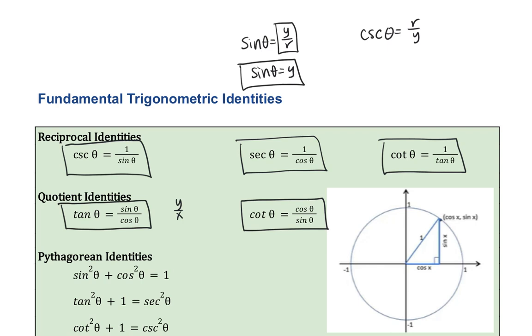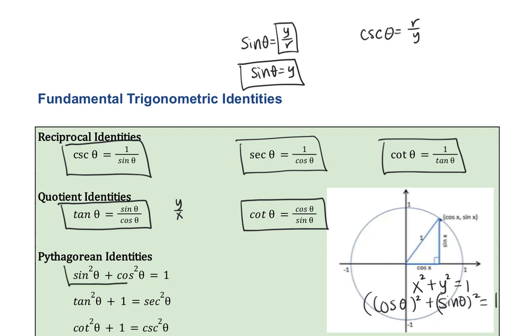All right, now the unit circle is all points where x squared plus y squared is equal to the radius squared, which is equal to 1. Replacing x with cosine theta and y with sine theta, we get cosine theta quantity squared plus sine theta quantity squared is equal to 1.